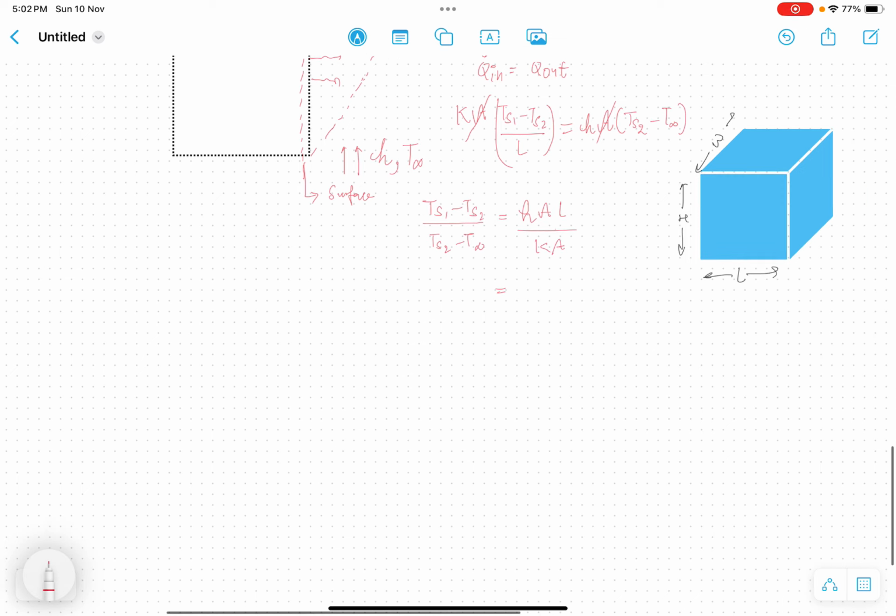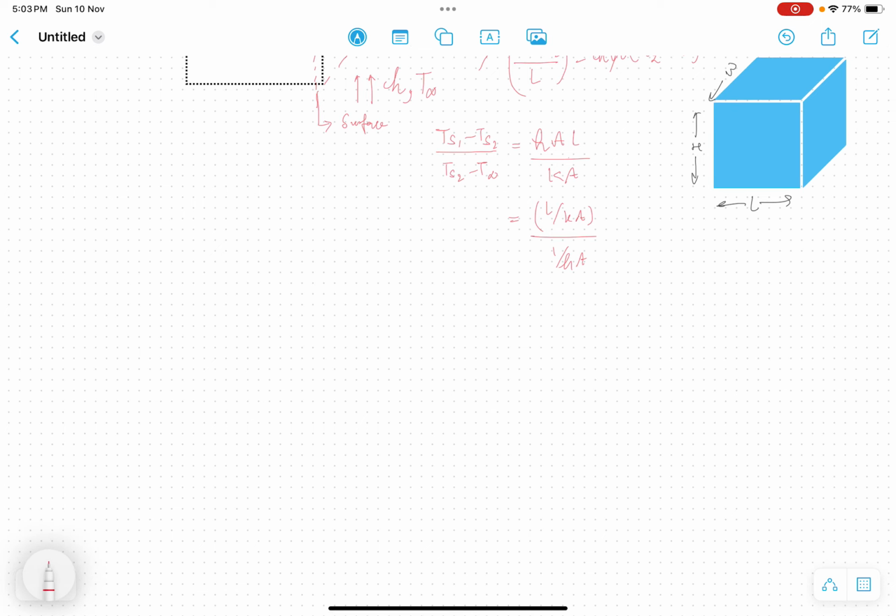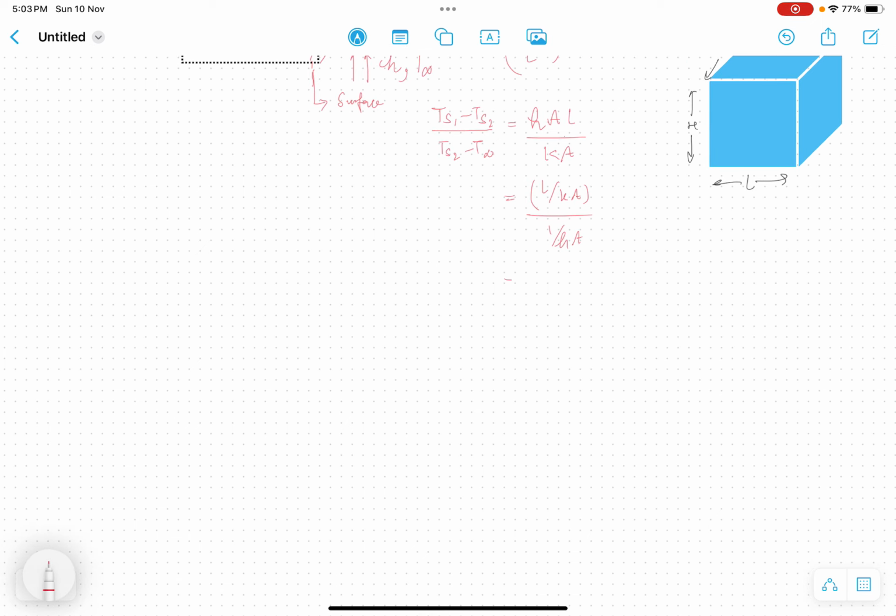If we rearrange on the right hand side, we can have L by K A and 1 by H A, and we know that the numerator of this term is the conduction resistance of the body, and the denominator represents the convective resistance.